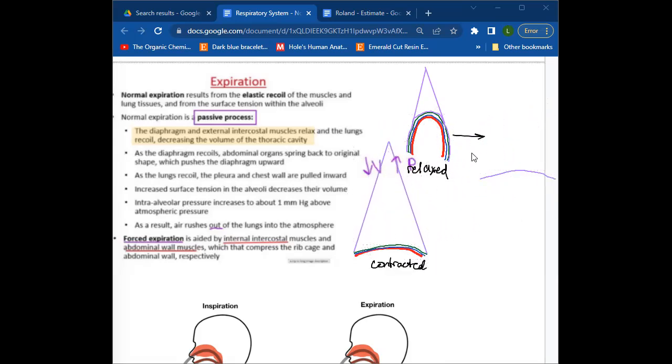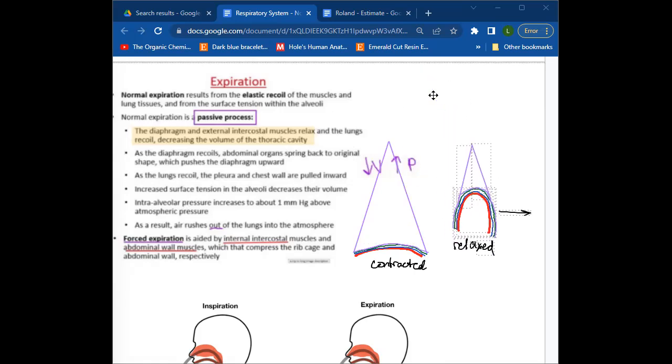We'll start off contracted, and then all that will happen is that the diaphragm, when it relaxes, it's going to move back up and in. And for the external intercostals, when they relax, then the ribs are going to move back down and in.